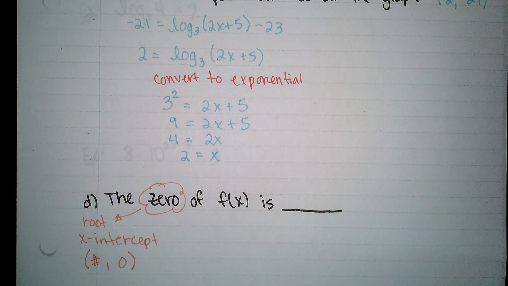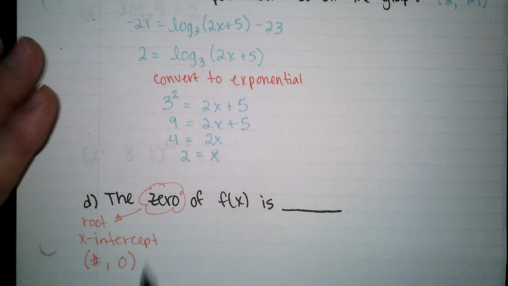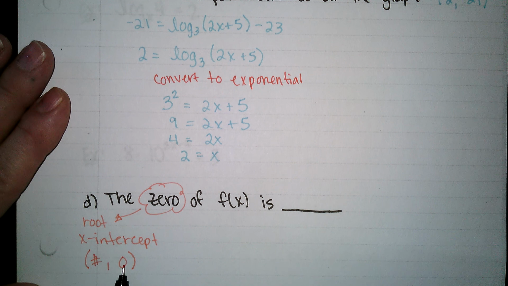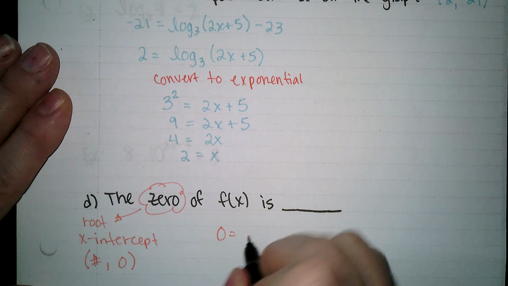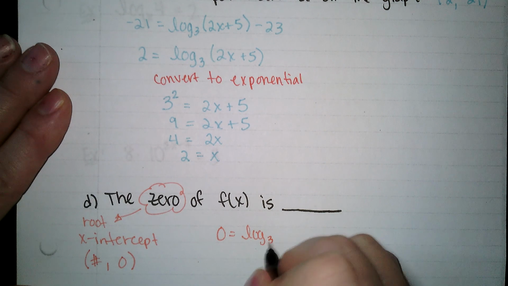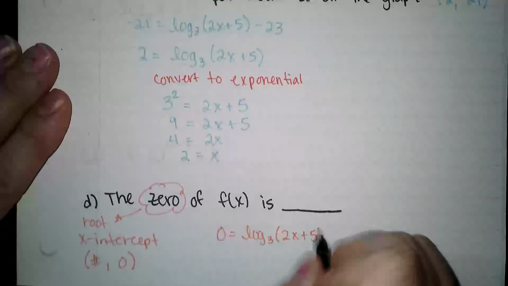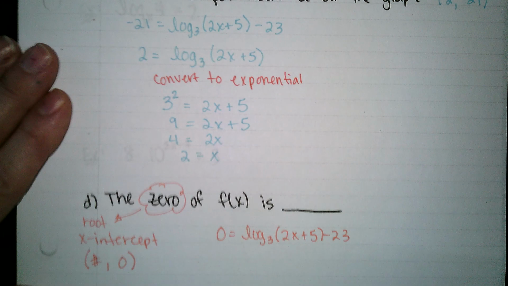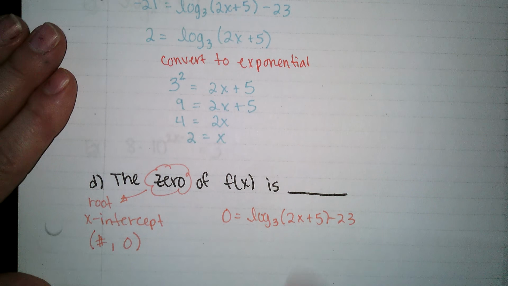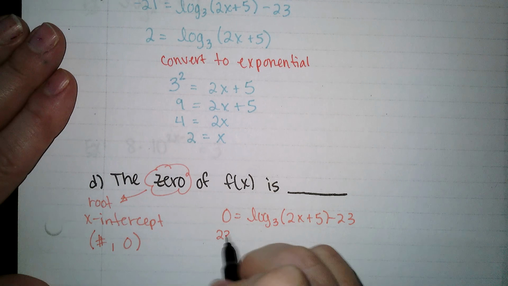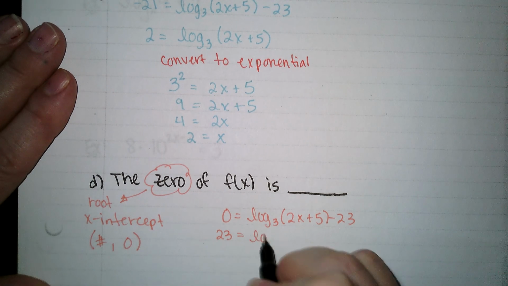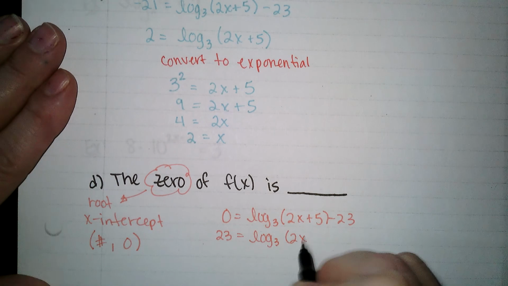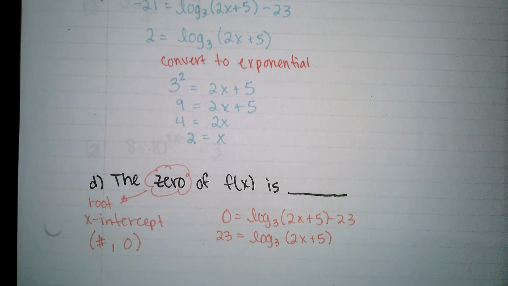So what I can do is replace the f of x side, or the y value, with a 0, and then solve for x. So my first step, again, would be to add that 23 to the other side. So 23 equals log base 3 of 2x plus 5.